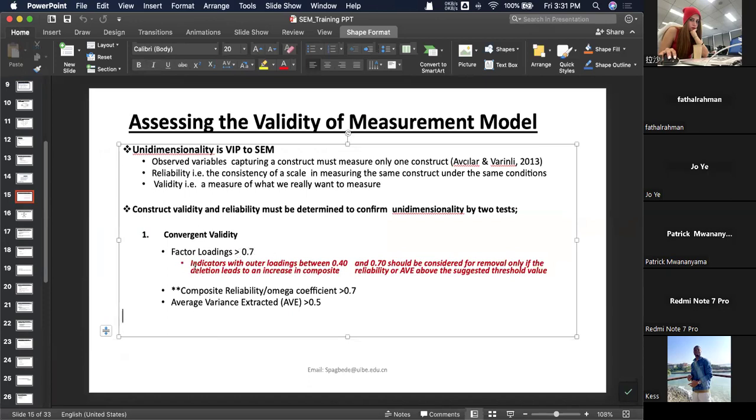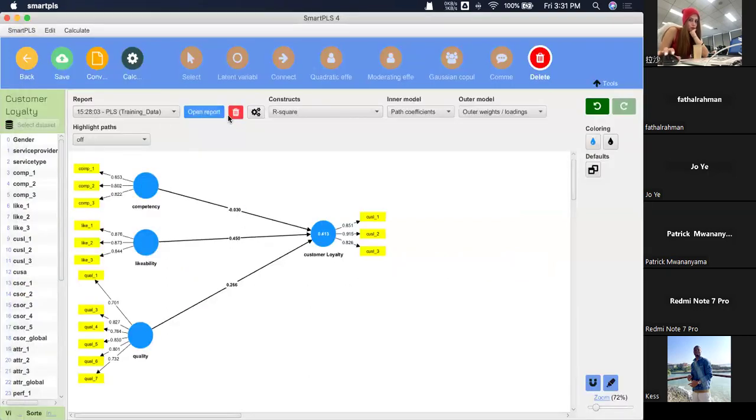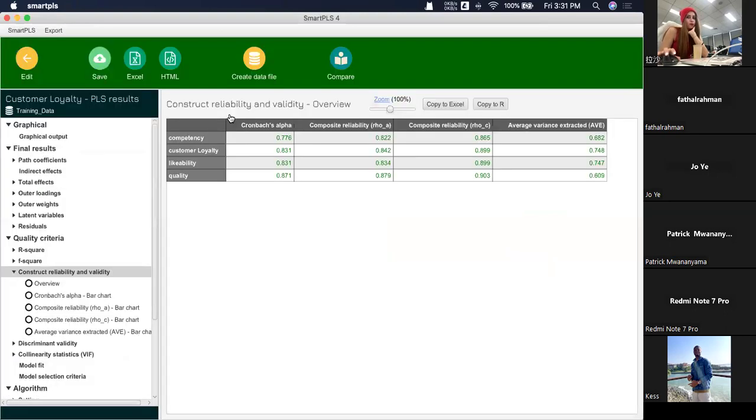The ones that weren't, we deleted based on the criteria. The composite reliabilities are greater than 0.7 for all the indicators we can see. So it means we are good to go.